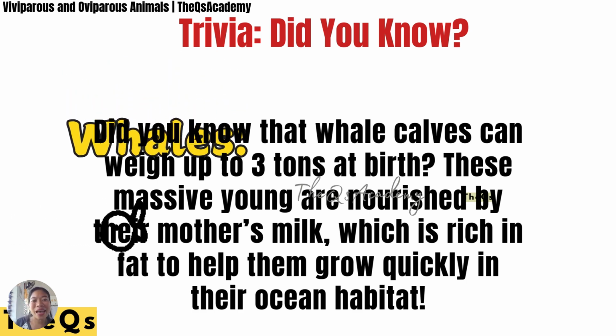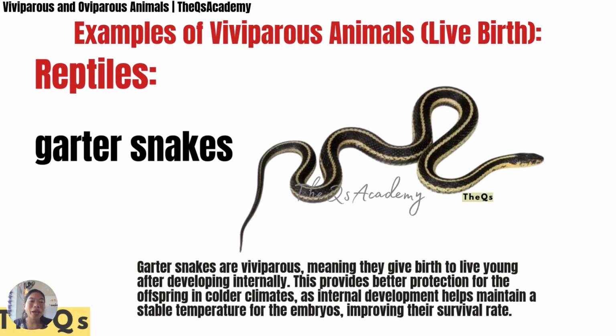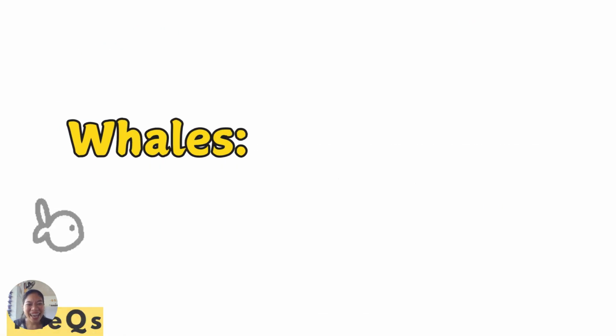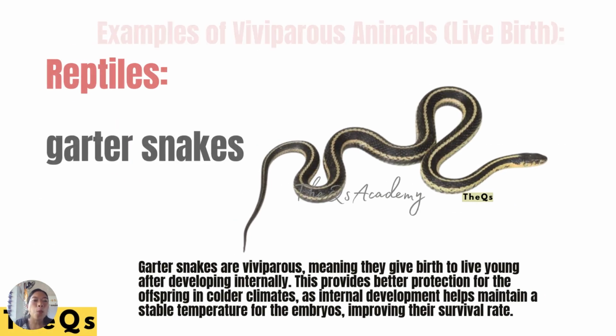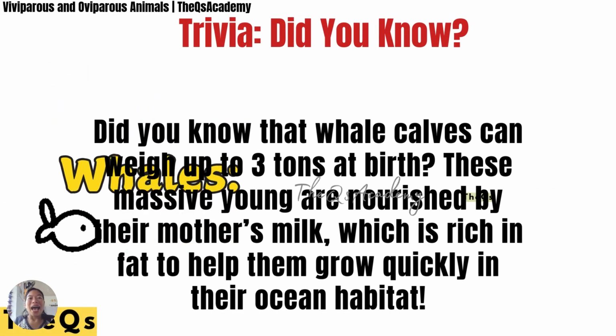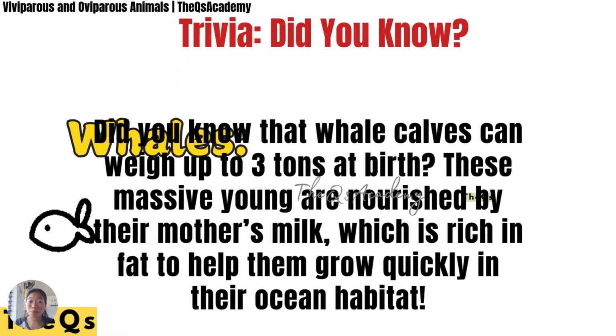Did you know that whale calves can weigh up to 3 tons at birth? These massive young are nourished by their mother's milk, which is rich in fat, to help them grow quickly in their ocean habitat.